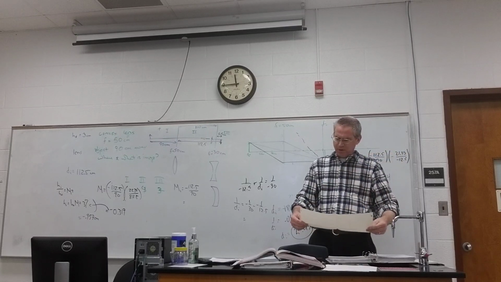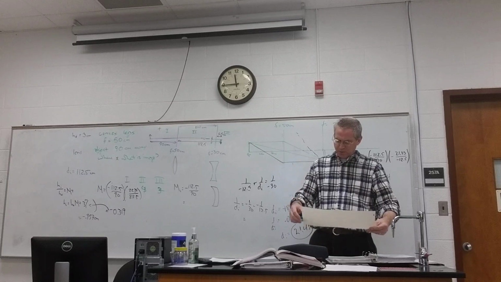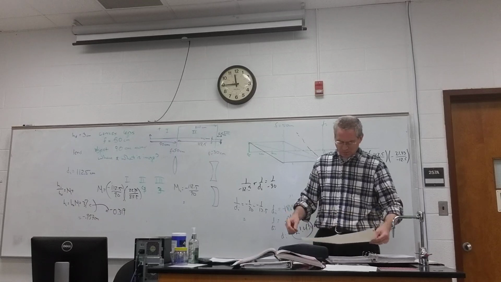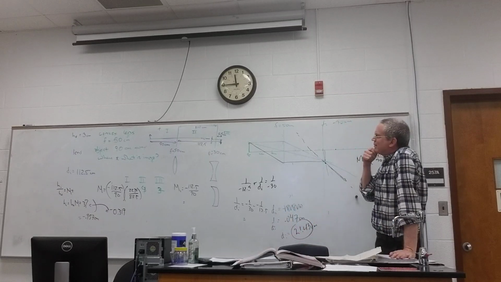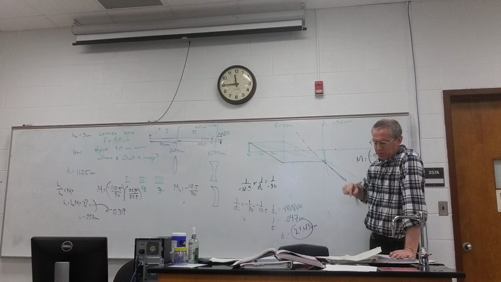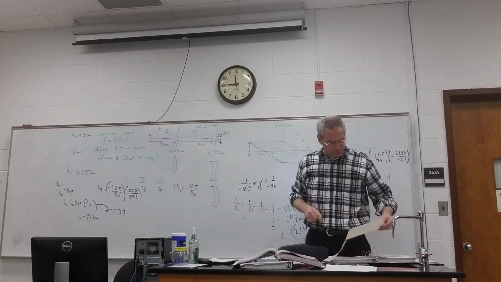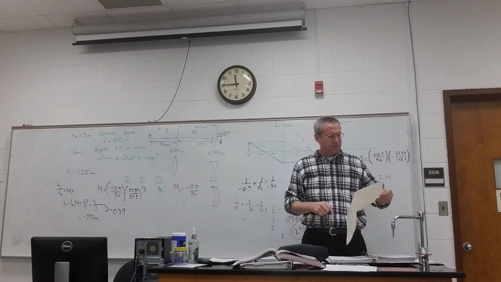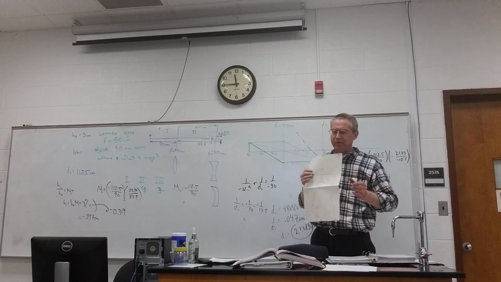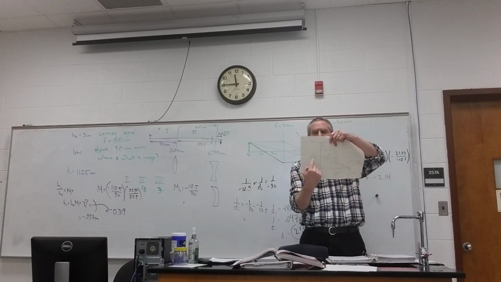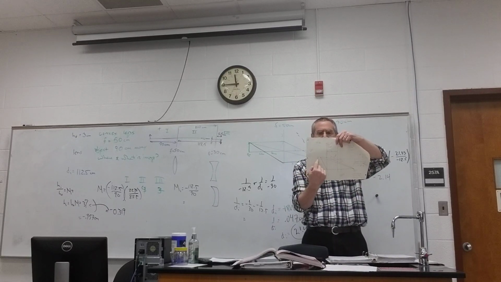So why do we have different numbers here than what we have written on the board? Oh, because it's 90 centimeters away. That's the difference. In this problem right here, the object is 60 centimeters away instead of 90 centimeters away.